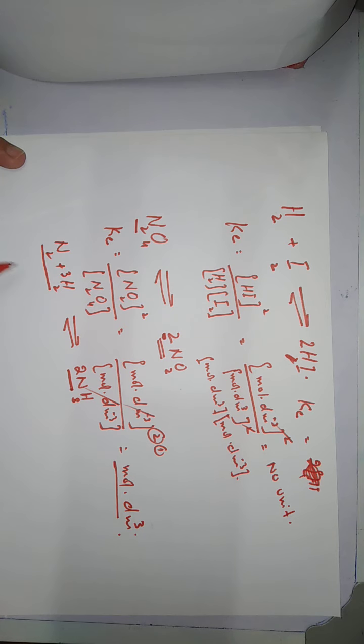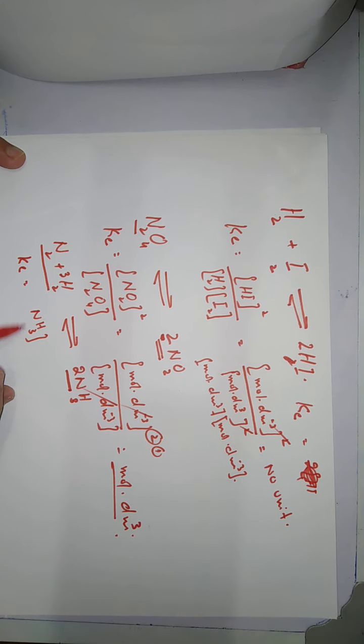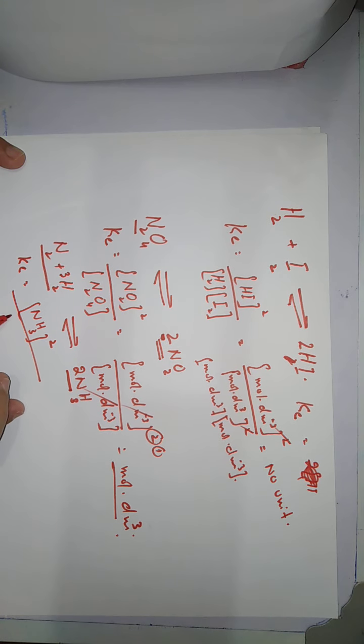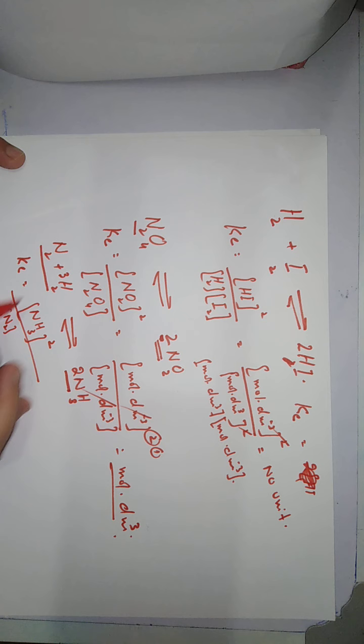Now what happens in this case? If we put it in the equilibrium constant expression, NH3 squared over nitrogen, as it has no coefficient, and H2, which has coefficient 3.